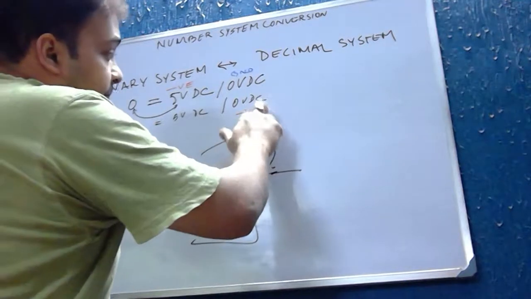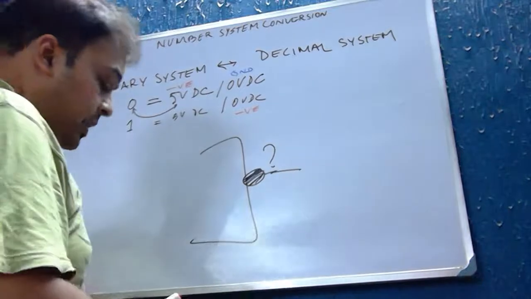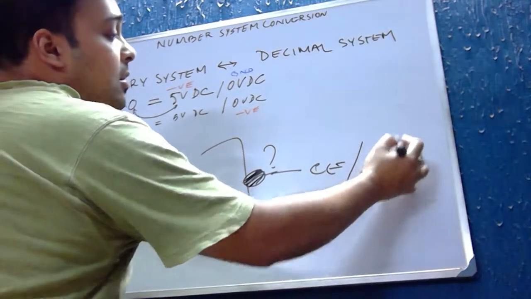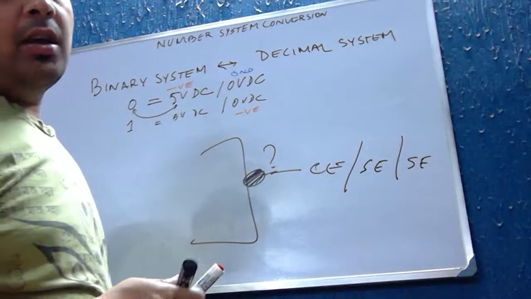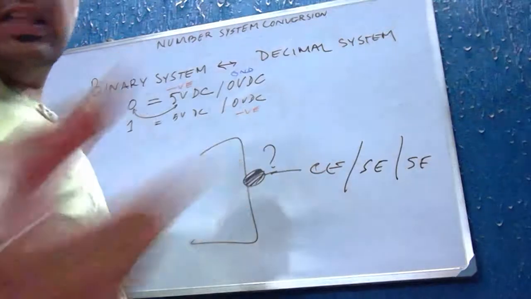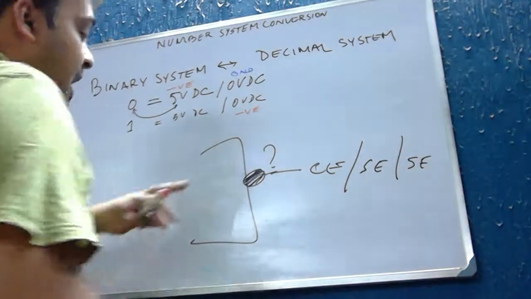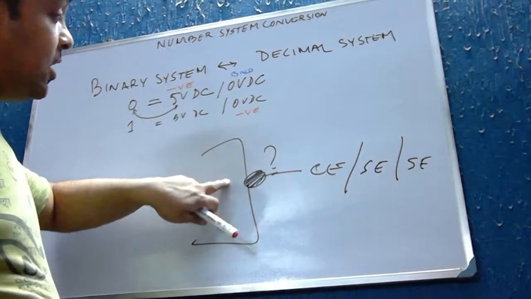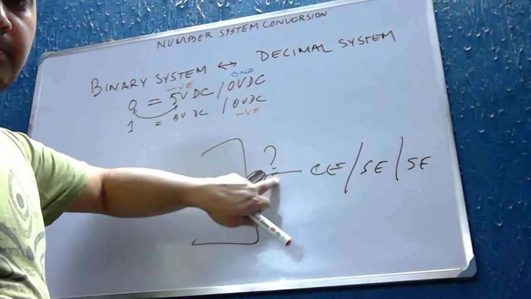It means this IC will have something called a chip enable or a serial enable or a system enable, anything. So this will give you the idea that your IC or chip will start working when you provide a 0 volt DC to this particular pin.